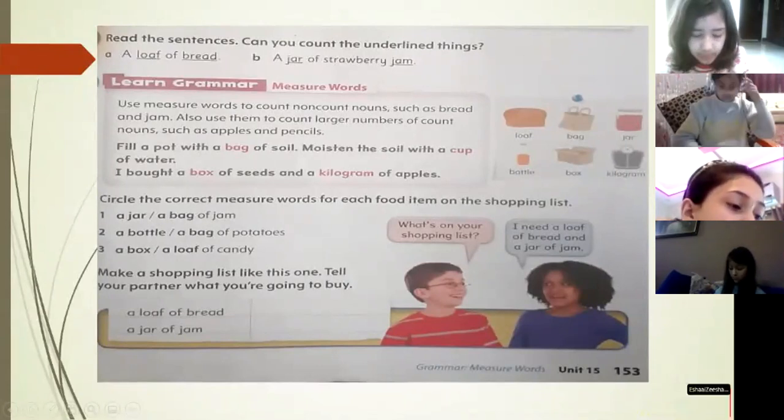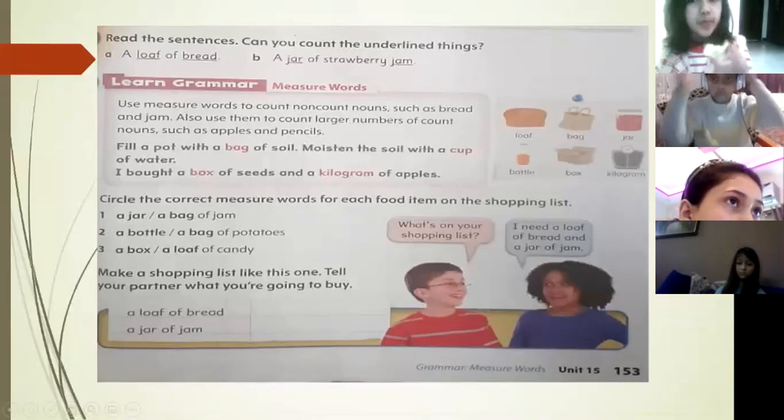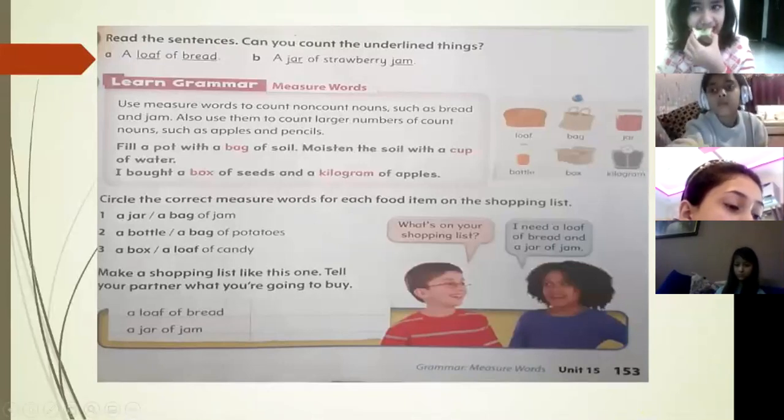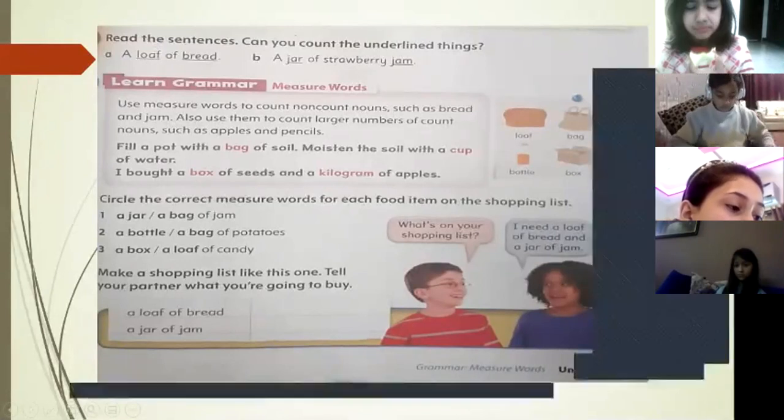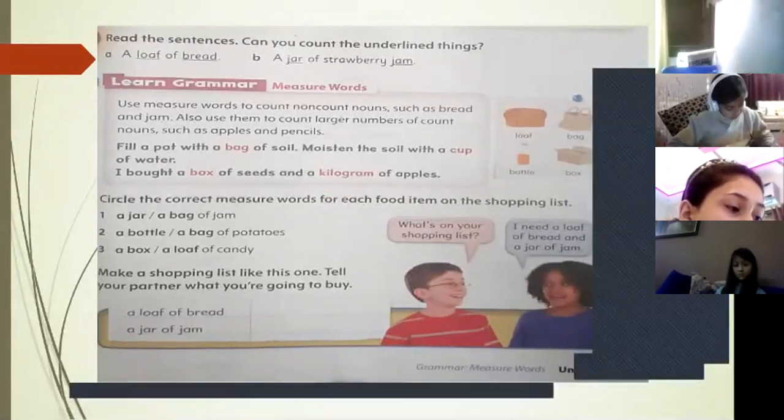Of course, we say a jar of strawberry jam, because when we go to the market, we always buy jam in the form of jars or in the form of bottles. So we say a jar of.